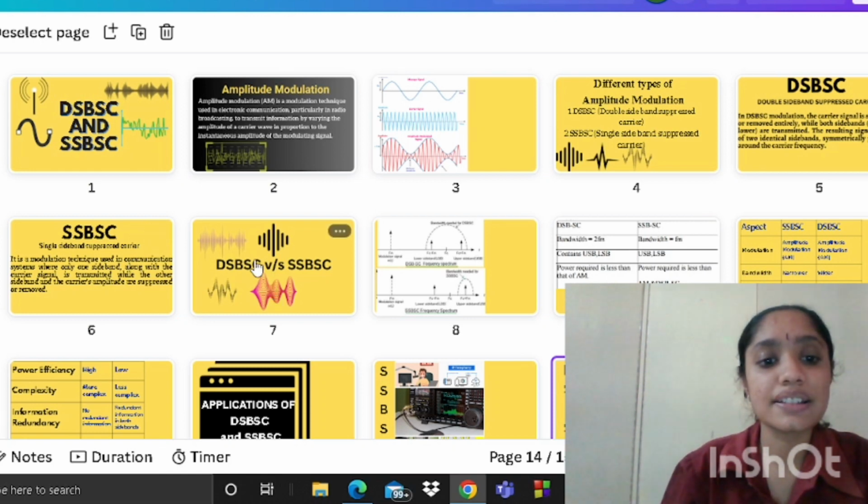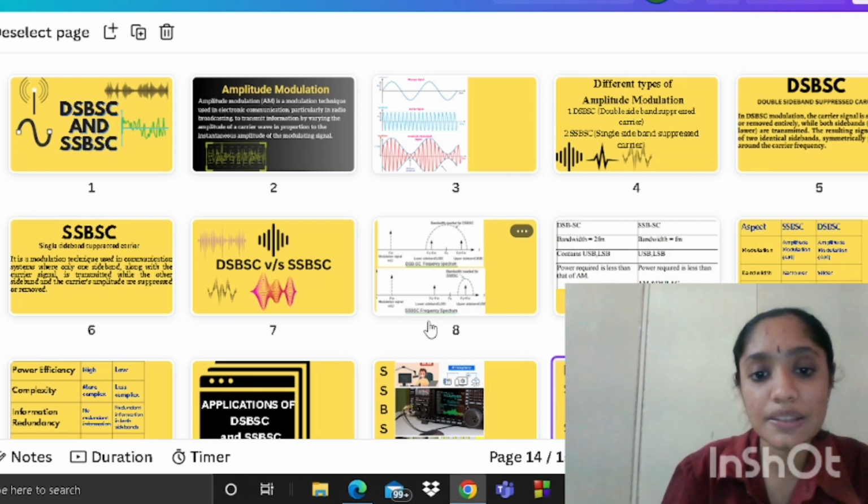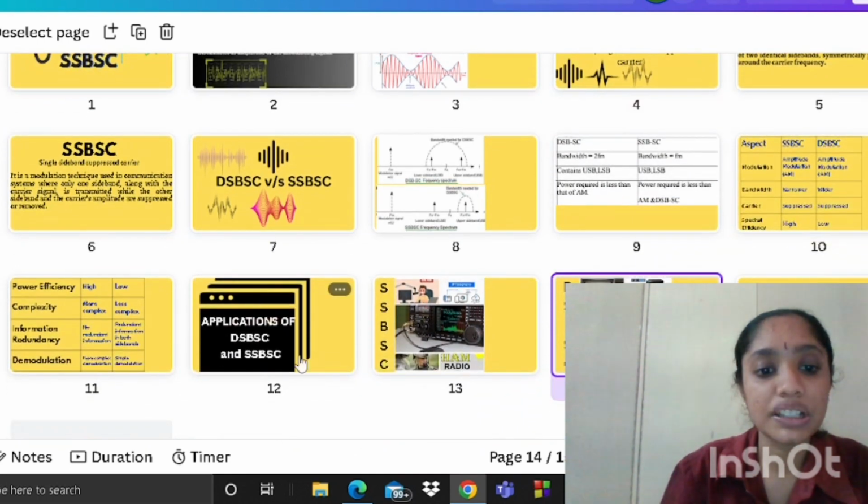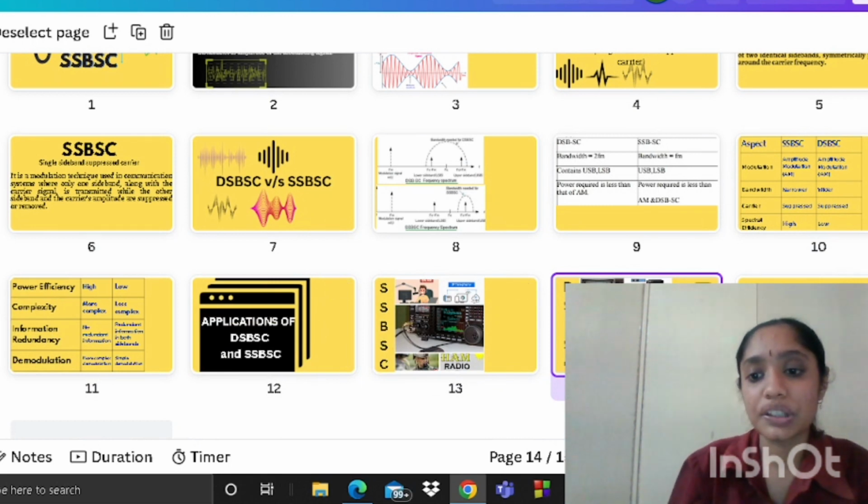Then I discussed the comparisons of DSBSC versus SSBSC. I explained about frequency spectrum of DSBSC and SSBSC, then differences between both of these, and we had applications of DSBSC and SSBSC separately.